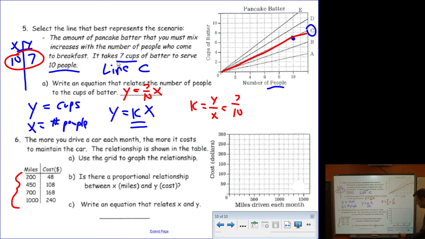So I'm going to put 200. These are going by hundreds. And 48 would be about right there, right below 50. 450 would be in between blocks.